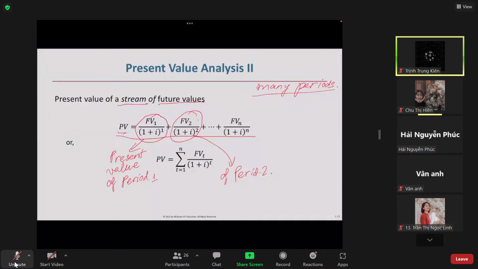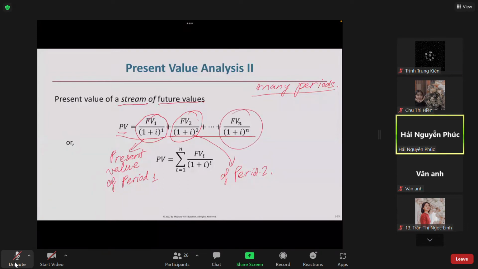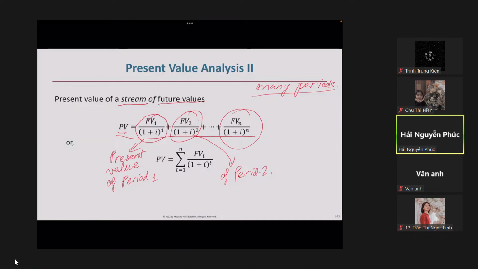And lastly, the present value of the future amount of period n. So you have this formula: PV is equal to the sum for t equal 1 to n of FV_t divided by (1 plus r) to the power of t. All right, this one.